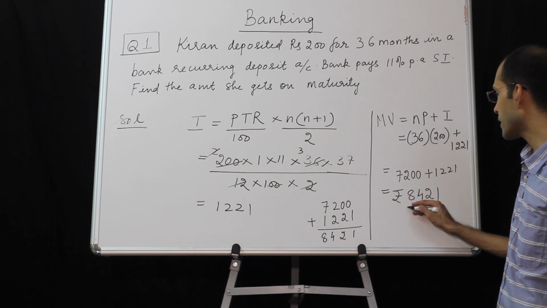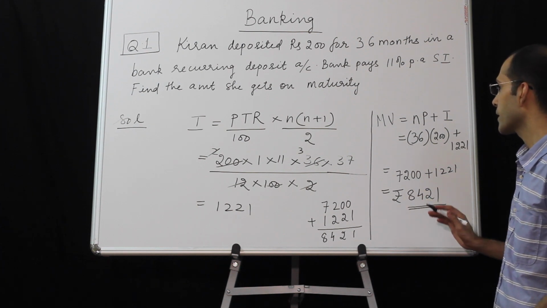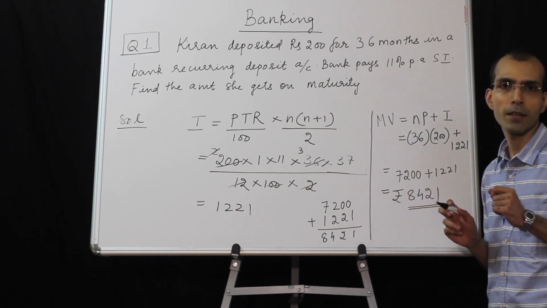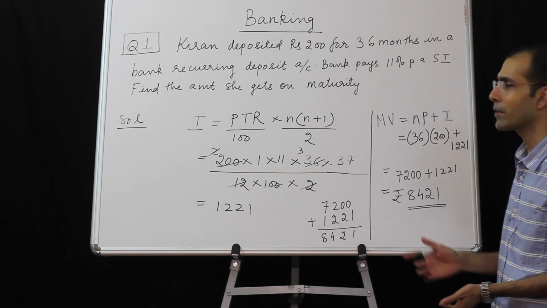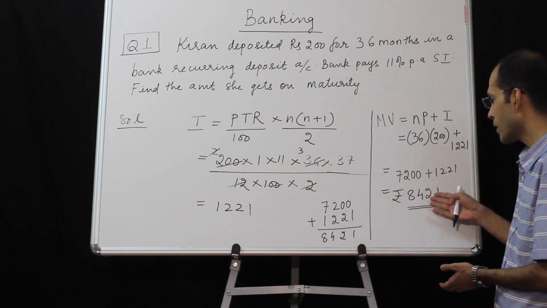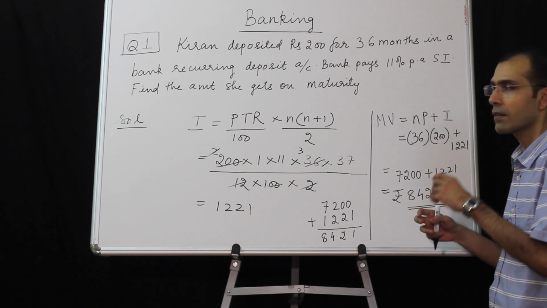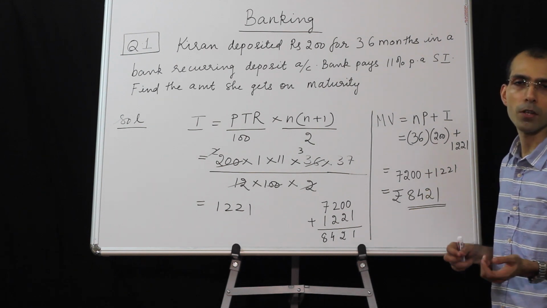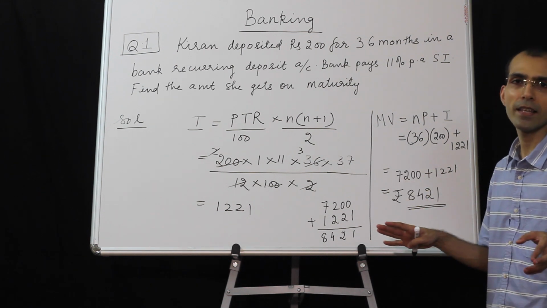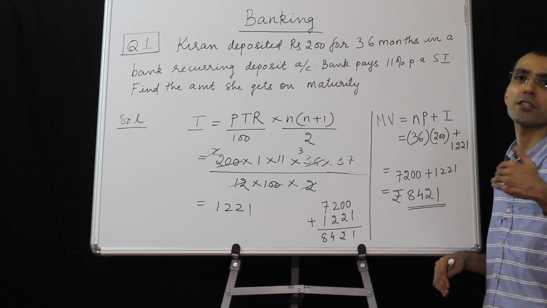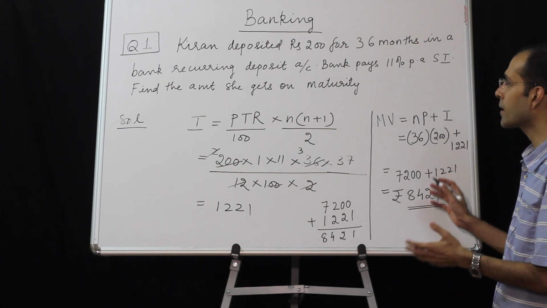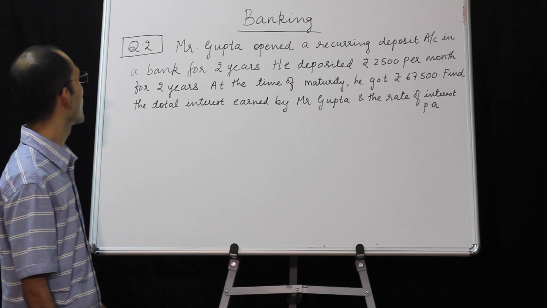So rupees 8421 is the final maturity what she will get. So it is called the maturity value, or it is also known as the final value what you will get when you close the account, when the account matures. So we are done with this.